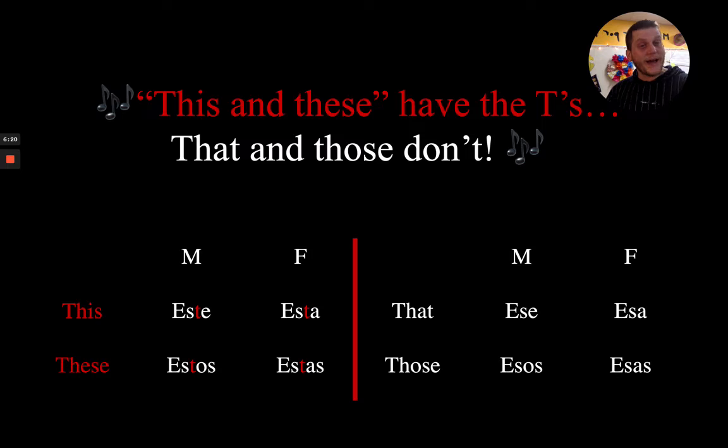This and these have the T's, that and those don't. That's the key part. This and these. Este and esta. Estos, estas. Hopefully that helps you remember how to say this and these and that and those. It certainly helped me.